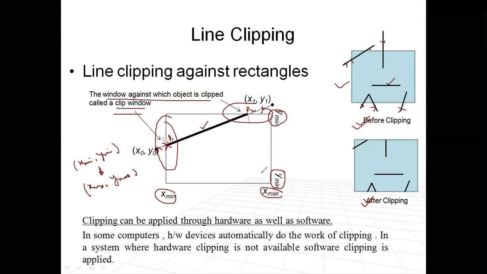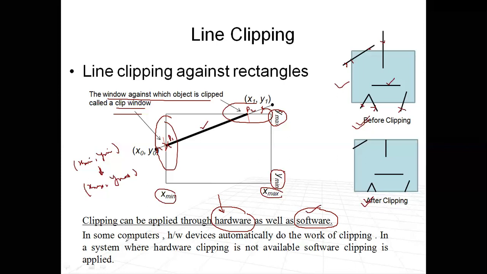Now clipping can be applied through hardware as well as software. Hardware can be designed for clipping, that will allow you to do the clipping on the device coordinates. Also software programming can be used to do the clipping.